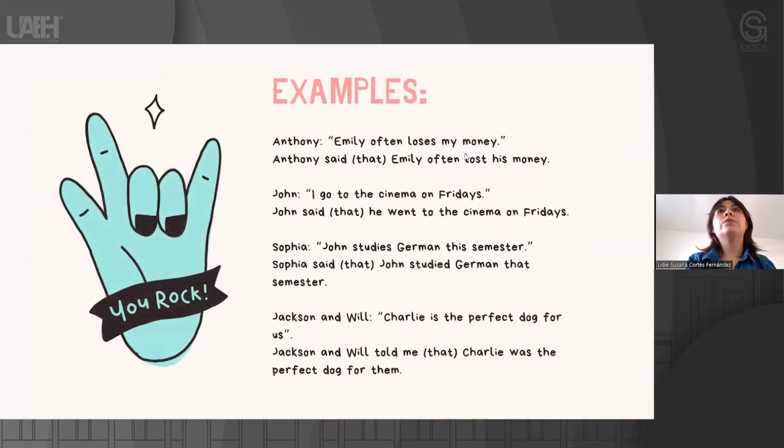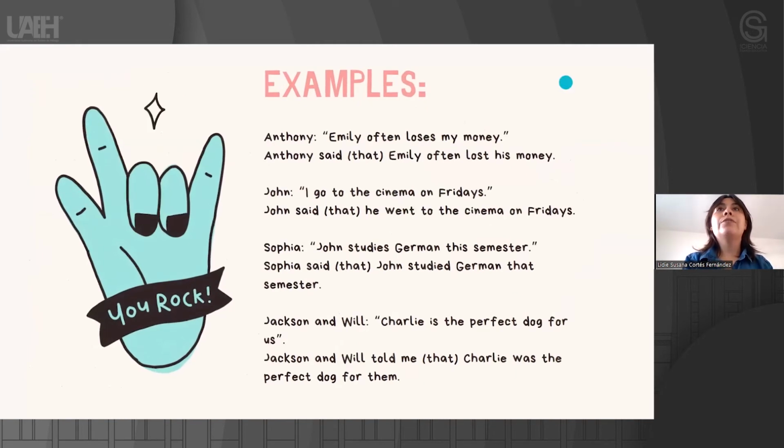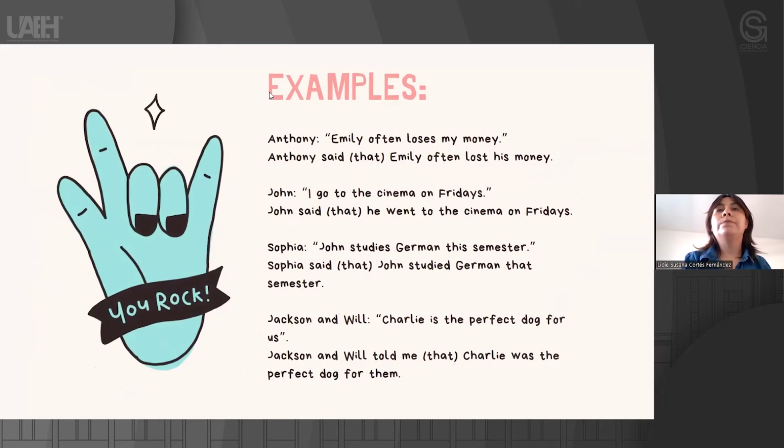We have more examples. Anthony says, "Emily often loses my money." Anthony said that Emily often lost her money. John says, "I go to the cinema on Fridays." John said he went to the cinema on Fridays. We also have the changes in the verbs. Sophia says, "John studies German this semester."